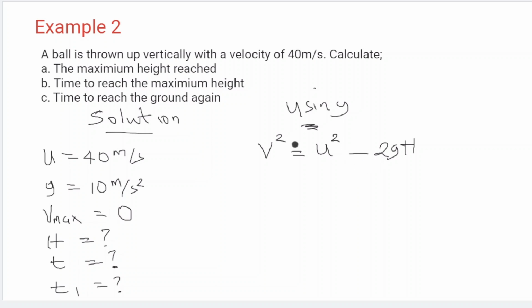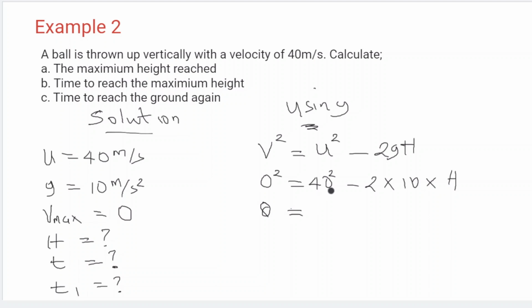So I'm going to substitute our terms. V is 0, so 0 square equals 40 square minus 2 times 10 and then times H. Okay, so we're going to have 0 square is 0.